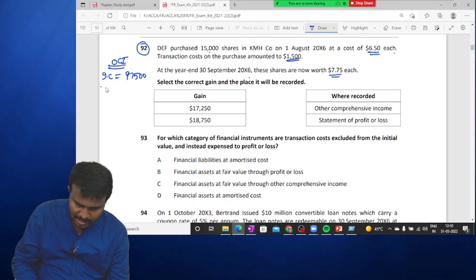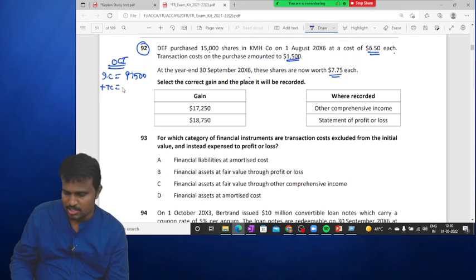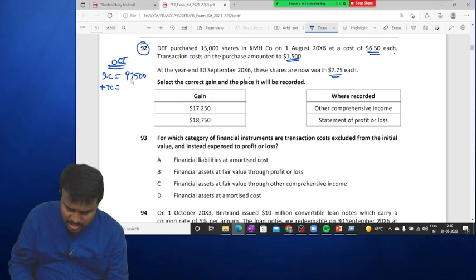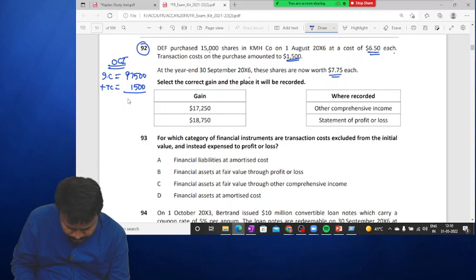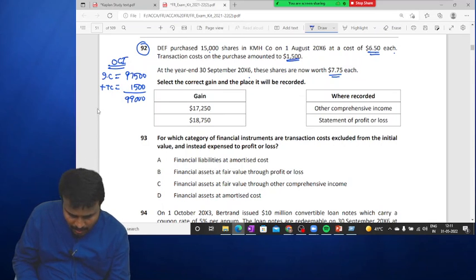Then we add transaction cost also, right? What is the transaction cost here? 1,500. Then what is the amount? 99,000.